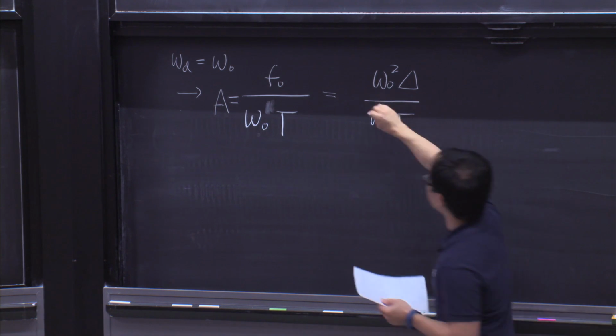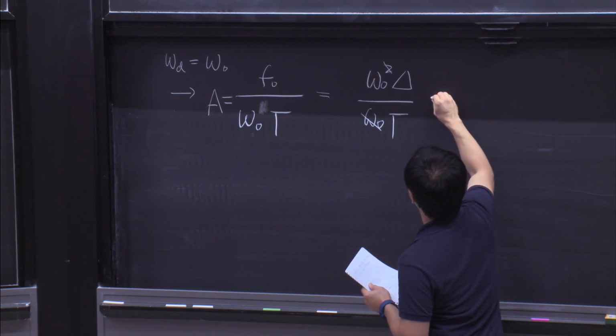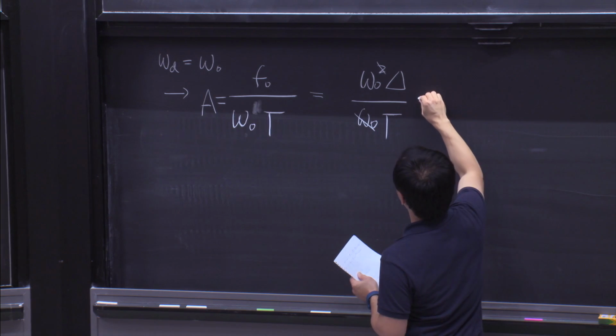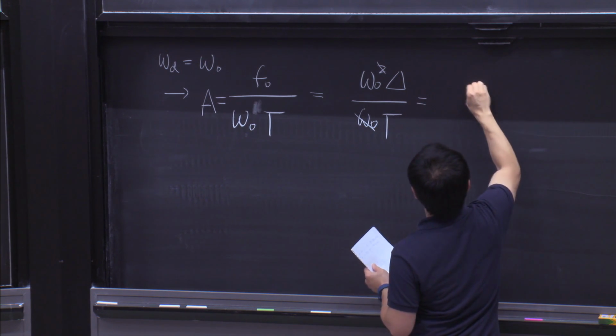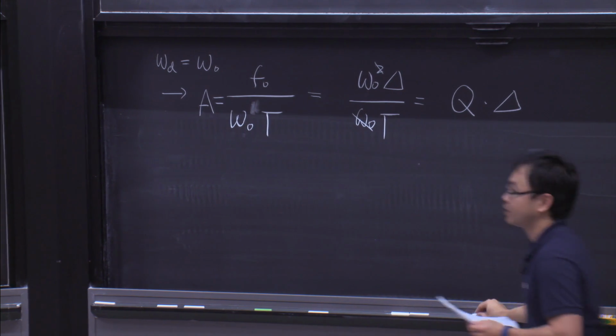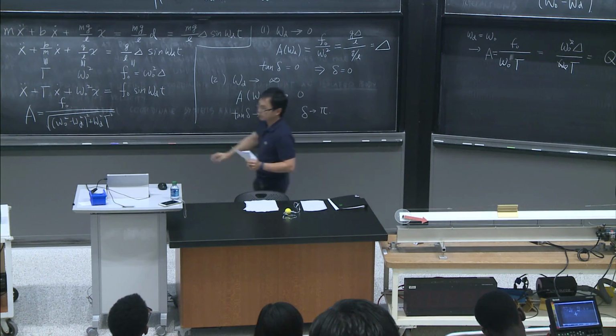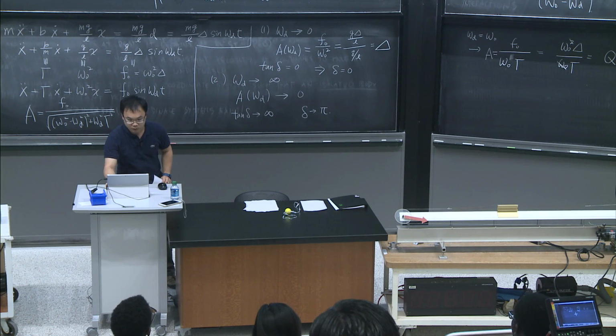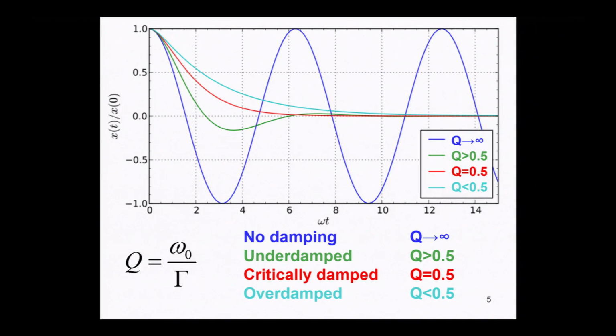The one omega 0 cancels, then basically you will get Q times delta. Okay, what is Q? Just a reminder, it's the ratio of omega 0 and gamma.